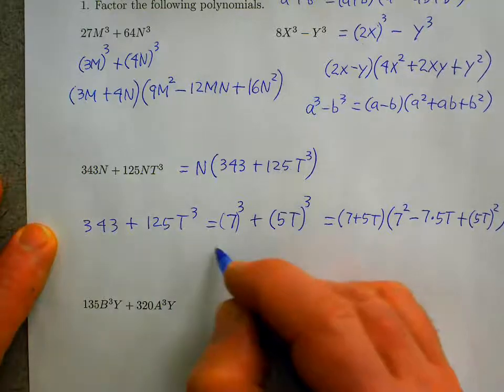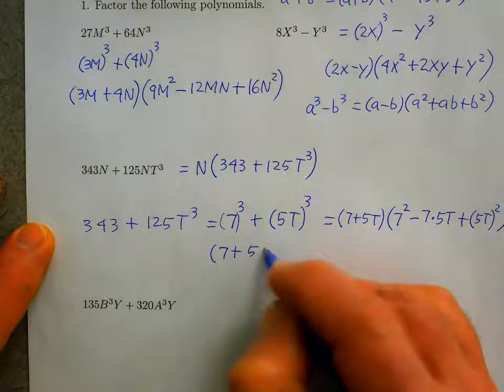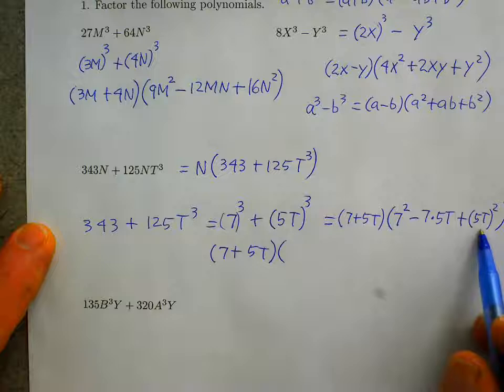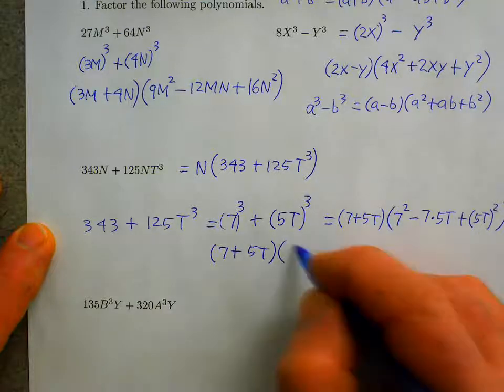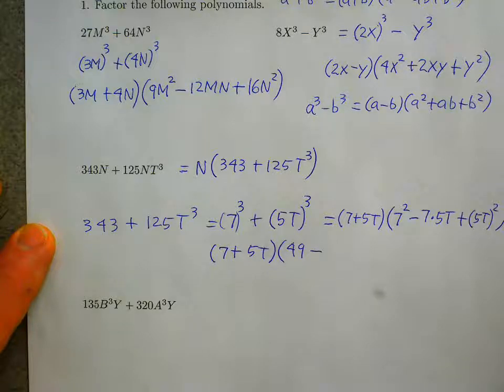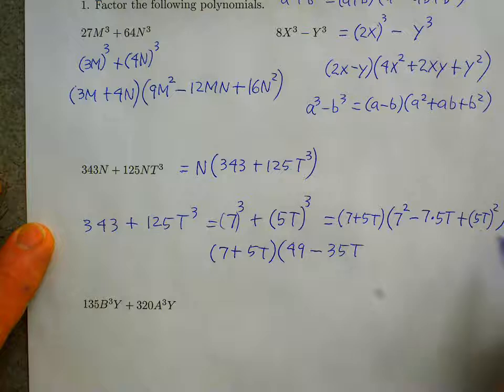Okay, so we'll rewrite this as 7 plus 5t, and then simplify the terms in the trinomial. 7 to the second is 49, and then minus 7 times 5t is minus 35t, and then plus 25t to the second.